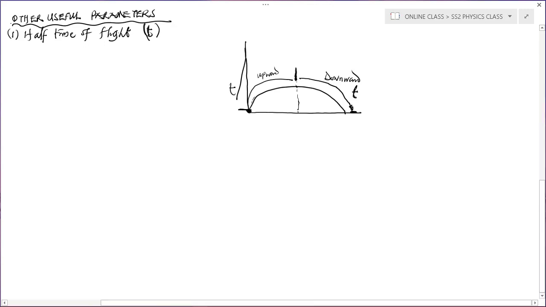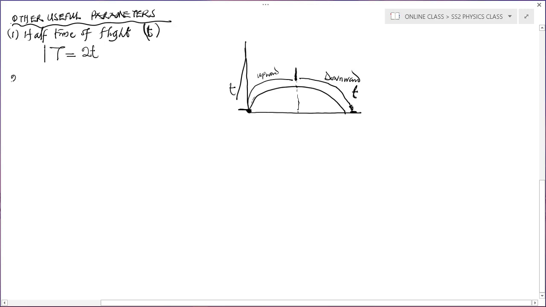So as a result, we have one equation here, time of flight, which is the total time taken, and it is always 2t, because the time to move upward is the same as the time to move downward.